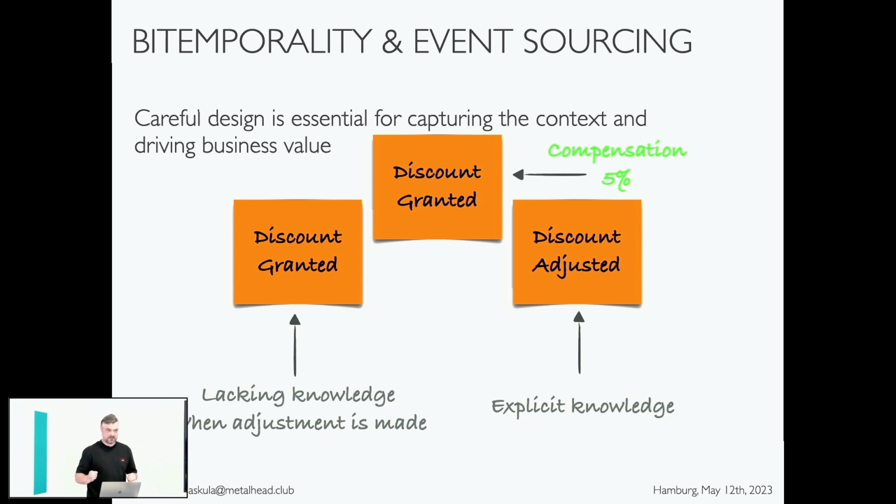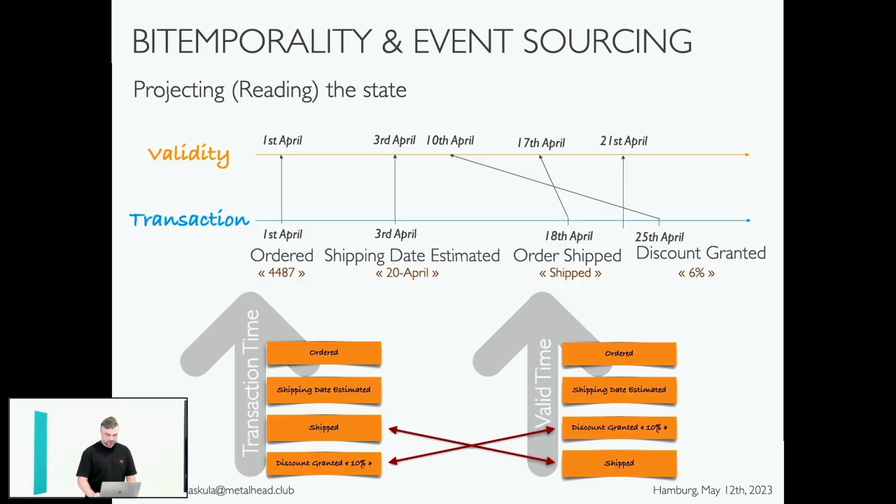So the issue is that just because you have events, you will not have all the knowledge explicit in every case. You have to do the explicit design all the time. For example, when reading the state, if you are taking the transaction time into account, we will be replaying events as they are recorded into the system.